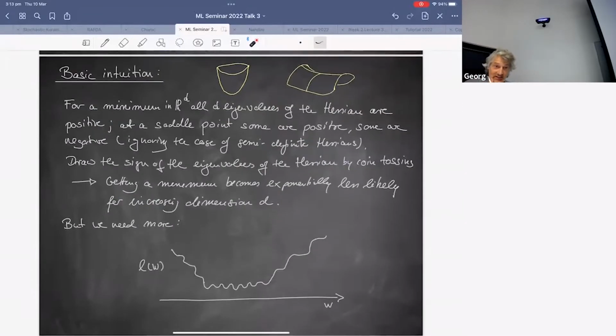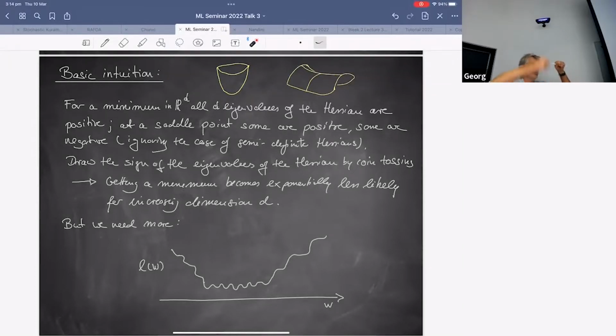So the basic intuition is that we have just very few minima, and so gradient descent can find those minima. A very simple argument is the following: imagine if you have a minimum, you take your Hessian, then all the eigenvalues are positive. Now imagine the sign is drawn by coin tossing.